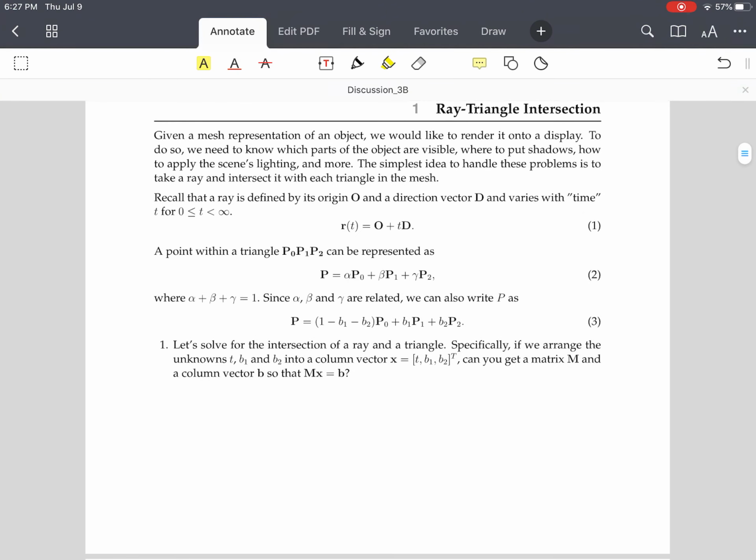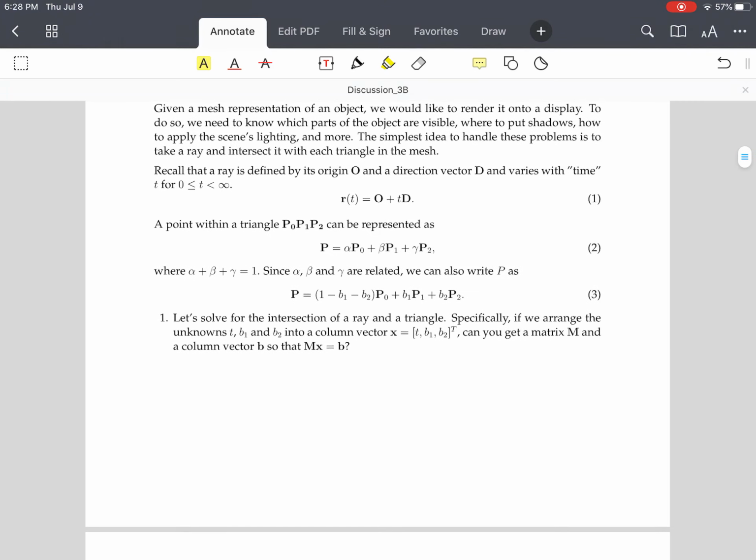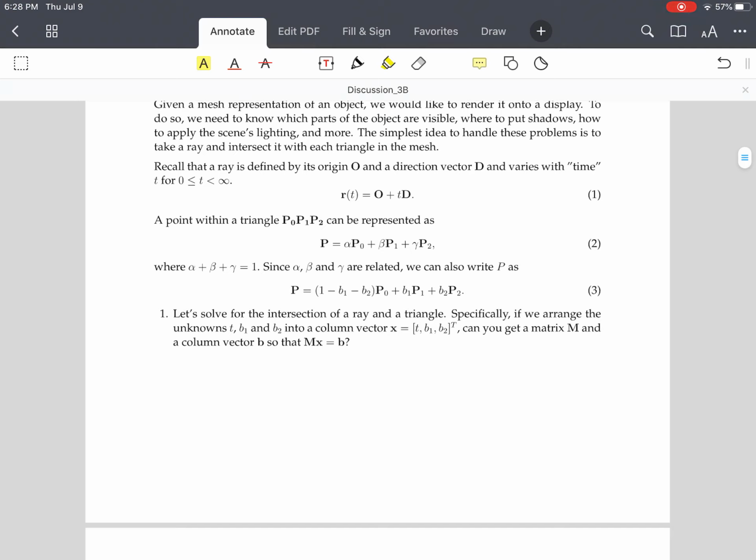The first step is the ray equation, which we've seen before. R of t is equal to O plus tD. O is the origin, the starting spot, and D is the direction vector, so what direction this ray is moving in. Then we have a point within the triangle. The three corners of the triangle are P0, P1, and P2, and we can represent any point within it using barycentric coordinates: alpha times P0 plus beta times P1 plus gamma times P2, where alpha plus beta plus gamma is equal to 1.